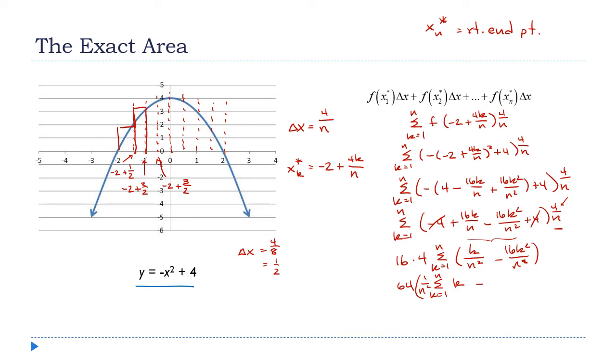Minus, and I'm going to do the same thing here. This is 1 over n cubed, sum, whoops, see I put that 16 in there, that got factored out. Sum of k squared, k equals 1 to n. Now, bring out our formulas. We have a formula for the sum k equals 1 to n of k. I'm going to leave the 64, leave the 1 over n squared.